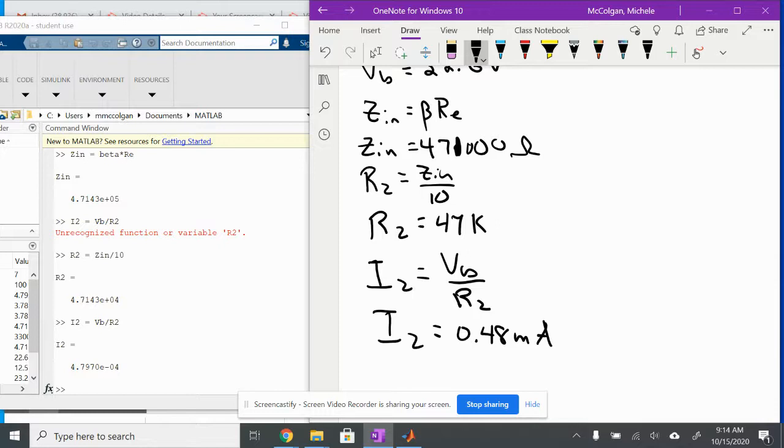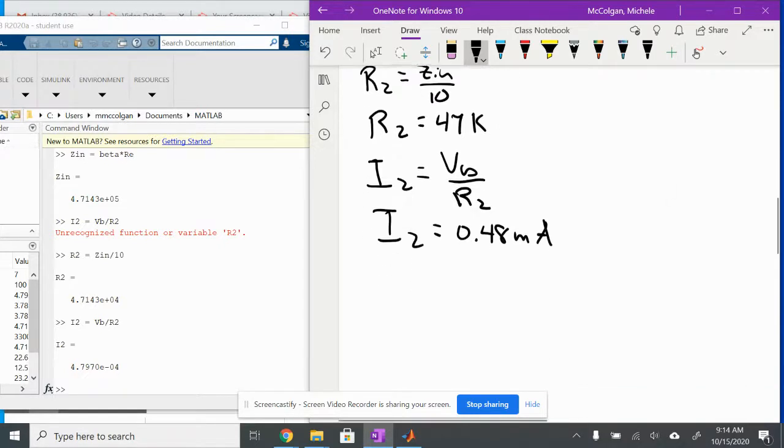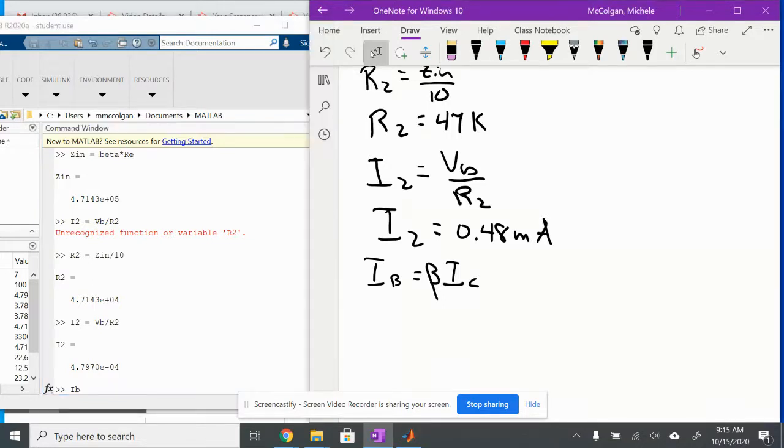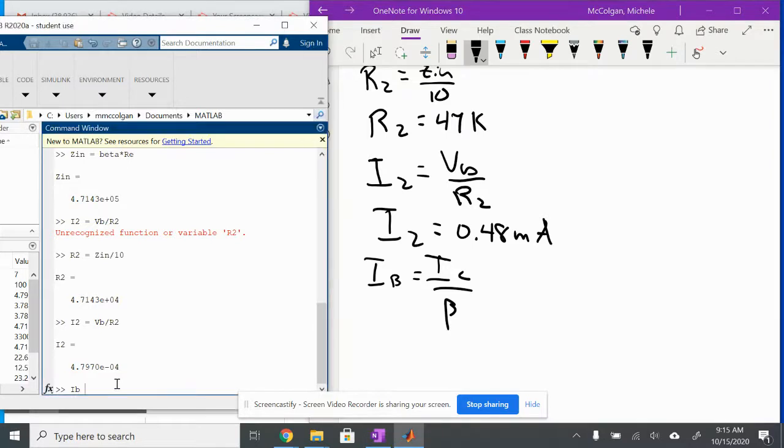So I can also calculate IB. So IB is equal to beta times IC. So I'll type that in here. So IB, or IB divided by, whoops, I misspoke there. So let's just back up. IC divided by beta. Okay, so IB is equal to IC divided by beta.